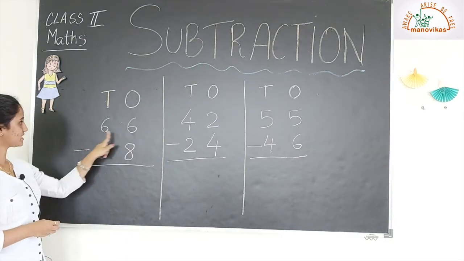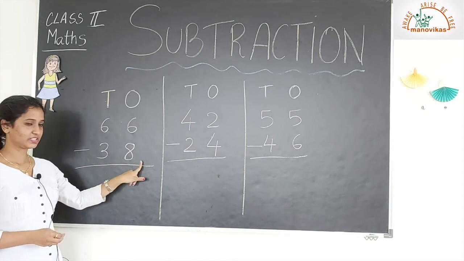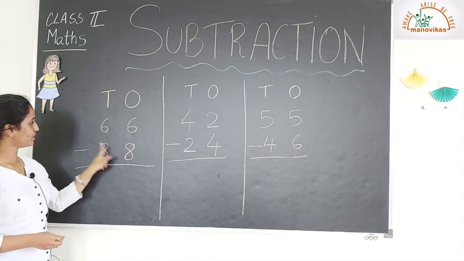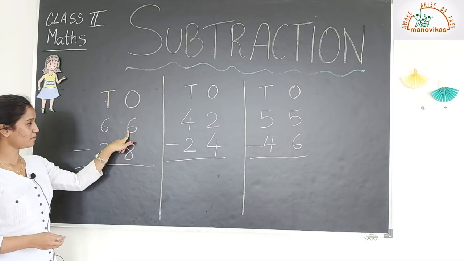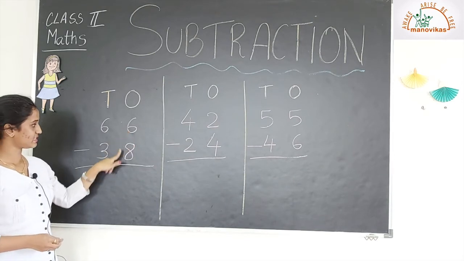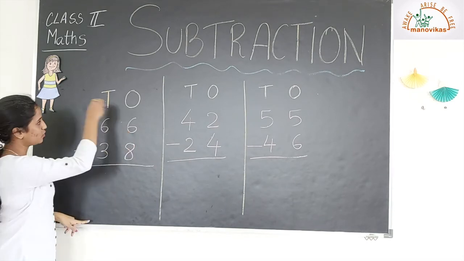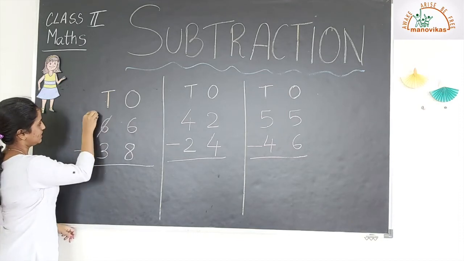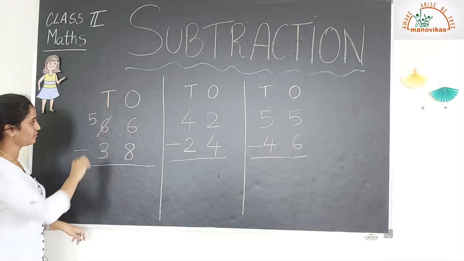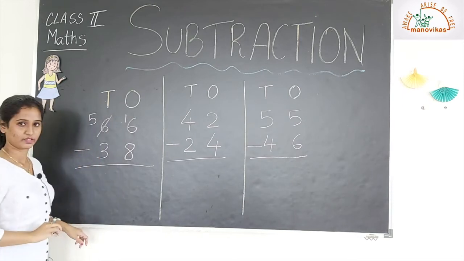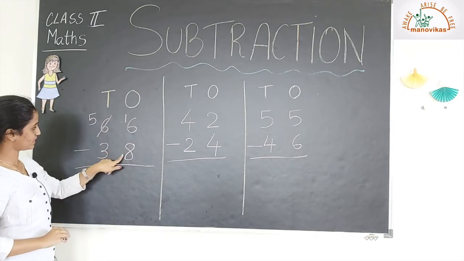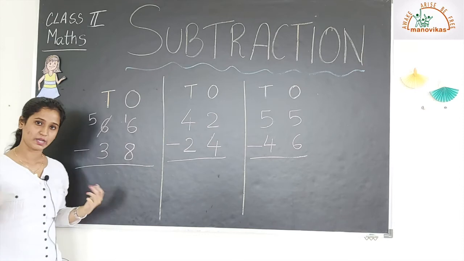Next, we have 66 minus 38. 6, we have to minus 8 from 6. 6 is less than 8, correct? So we go to the tens column. Replace it with 5. We take 1 here. Yes. Now we have to take away 8 from 16, which is possible.